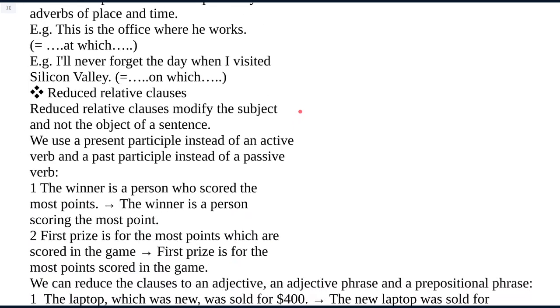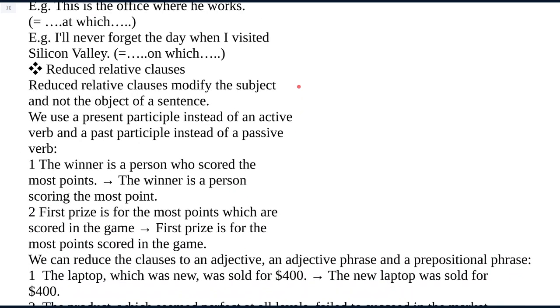However, we have reduced ones. The reduced ones are where we can omit the pronoun. For example, the winner is a person who scored the most points. So the winner is the person scoring the most points. The first prize is for the most points which are scored in the game.